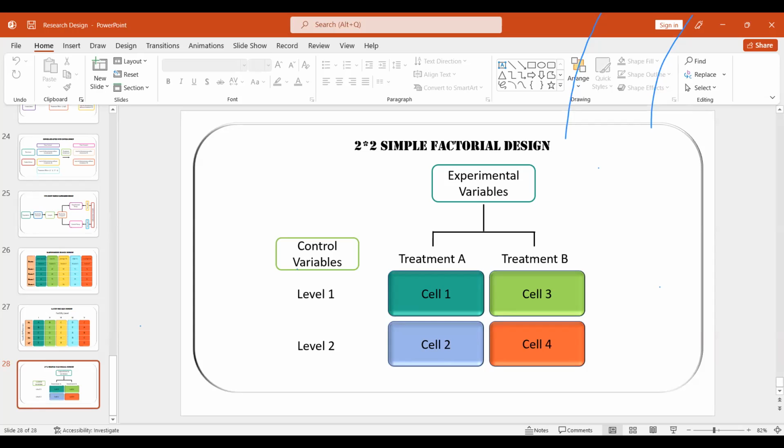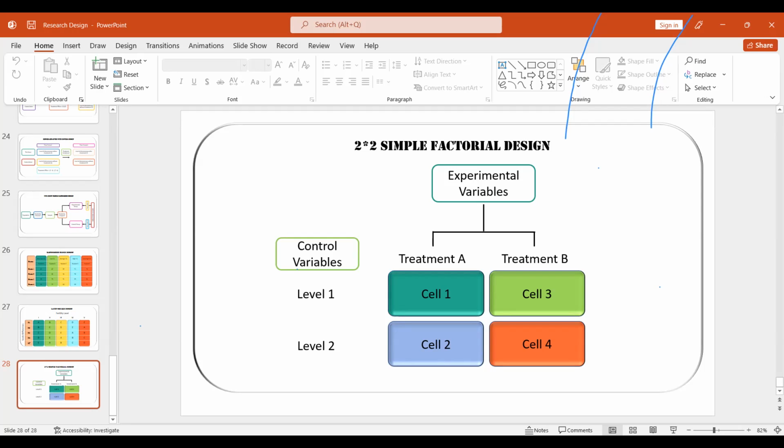The extraneous variable to be controlled by homogeneity is called control variable. And the independent variable which is manipulated is called experimental variable. Then there are two treatments of the experimental variable and two levels of the control variable.